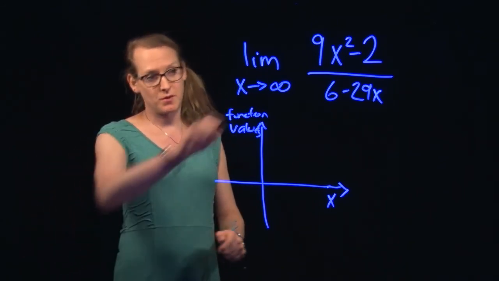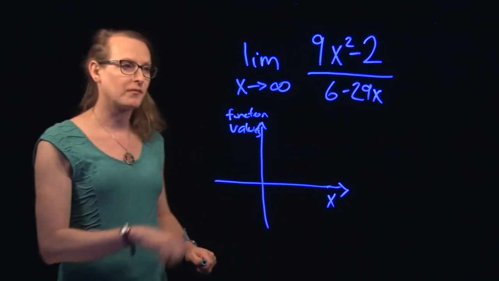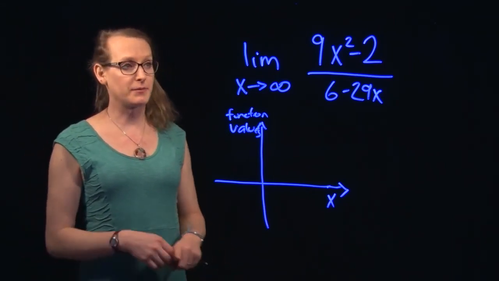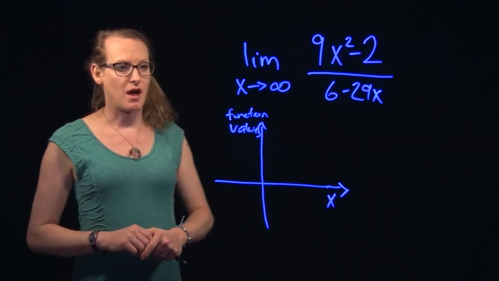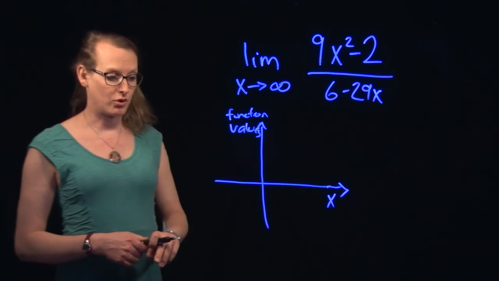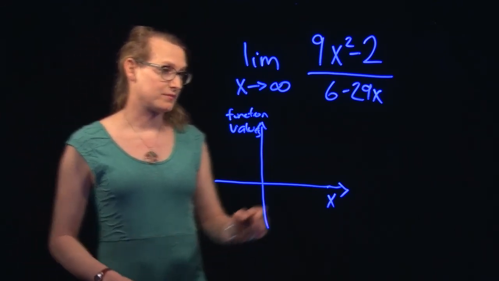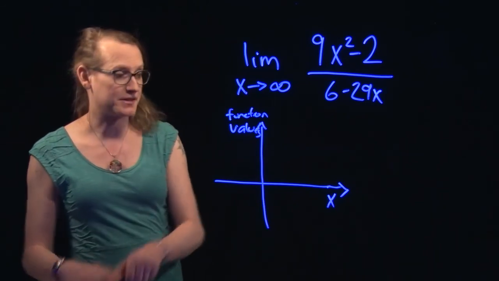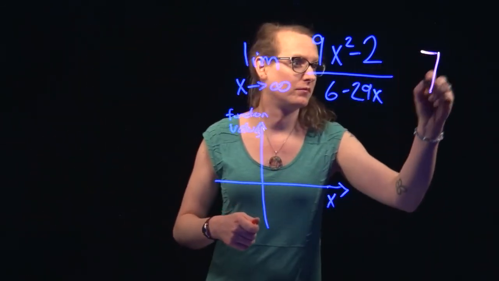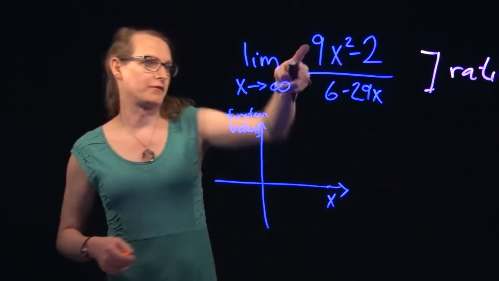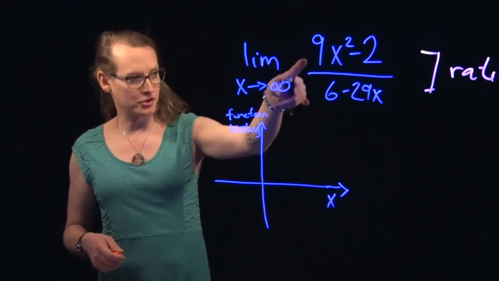So I'd like to do this one algebraically with you. And we'll do that by looking at the leading behavior using a theorem in calculus that says that for rational functions, so this is a rational function, a ratio of two polynomial flavored functions.